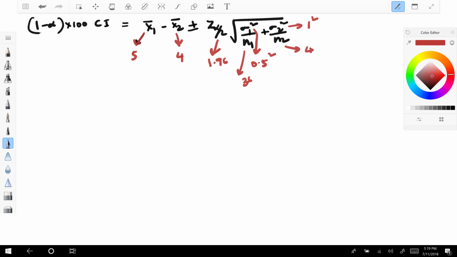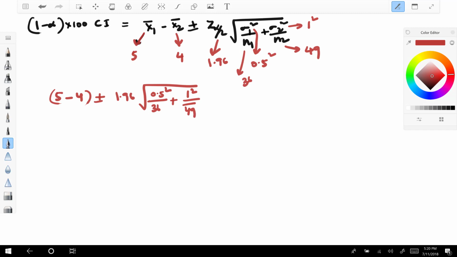So if we put all those values, 5 minus 4 plus or minus 1.96 times the square root of 0.5 square divided by 36 plus 1 square divided by 49.